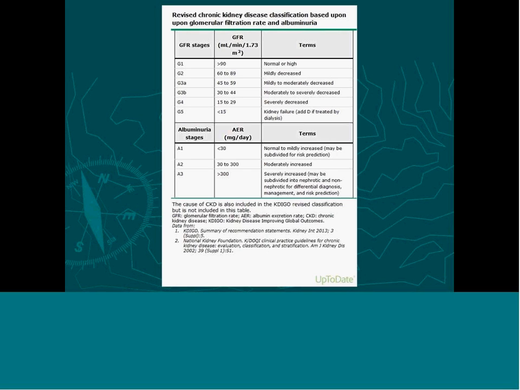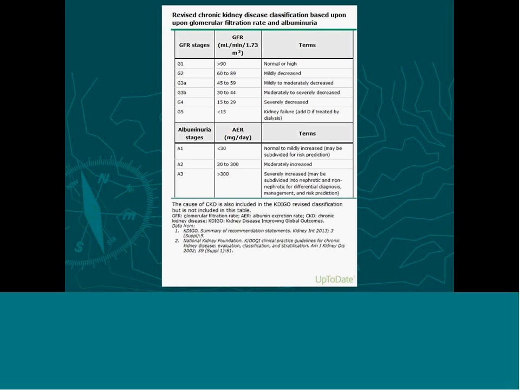Stage 1 is more than 90 cc's per minute per 1.73 square meters. Then stage 3 has been divided into 2 stages. Stage 3A is from 45 to 59 cc's per minute. Stage 3B is from 30 to 44.